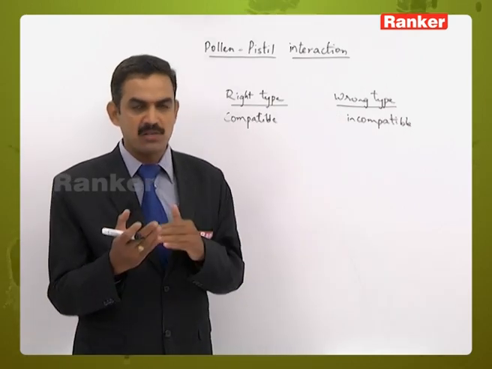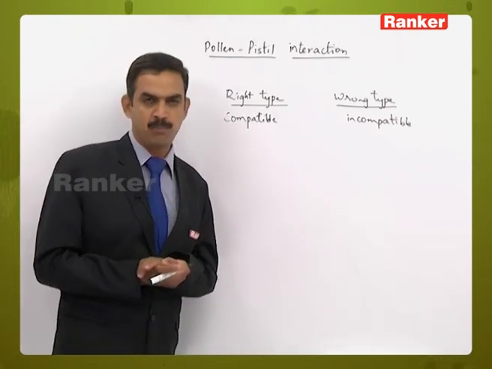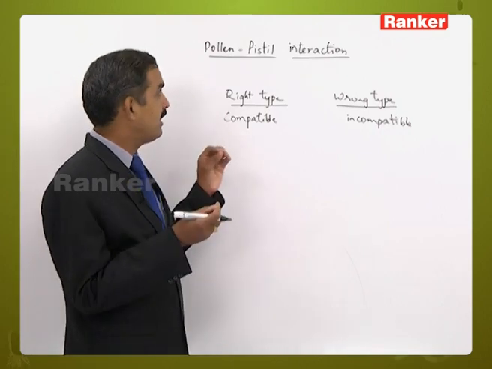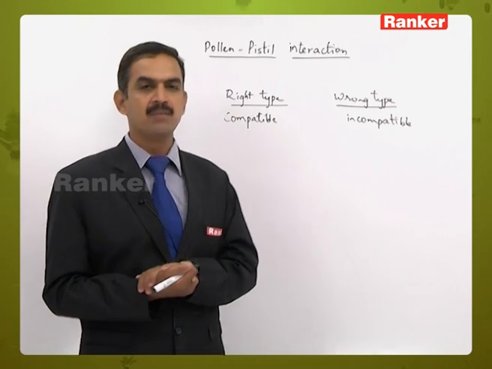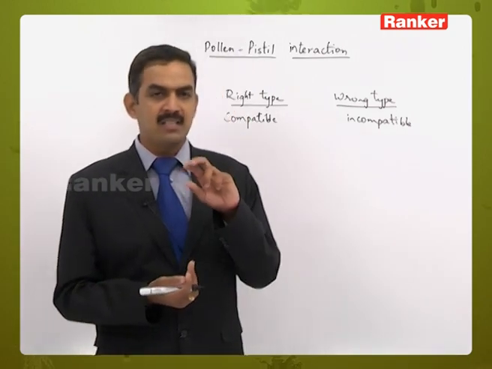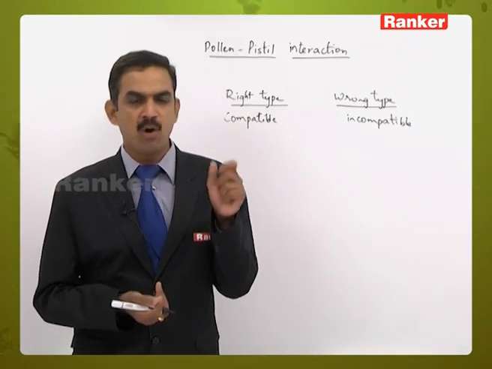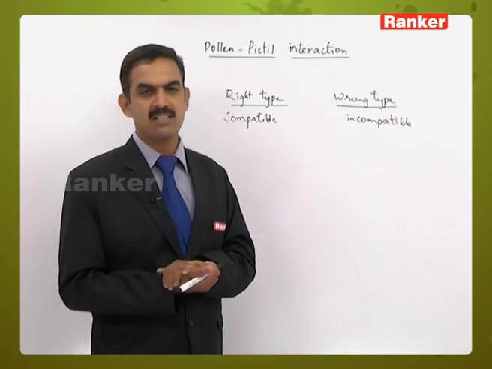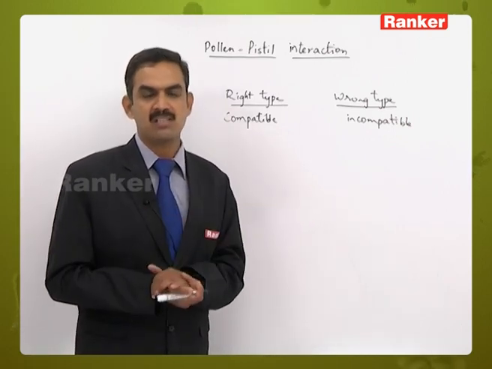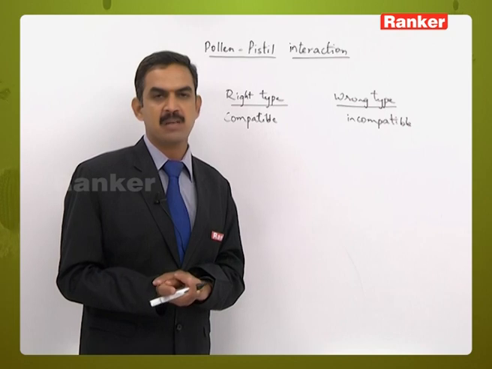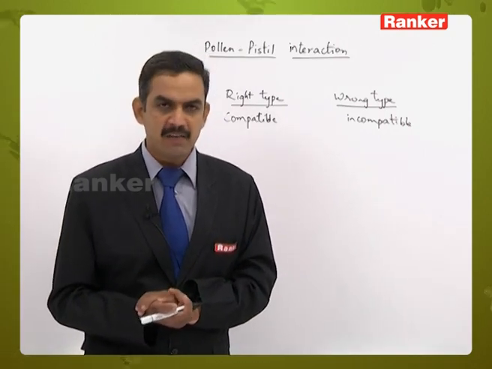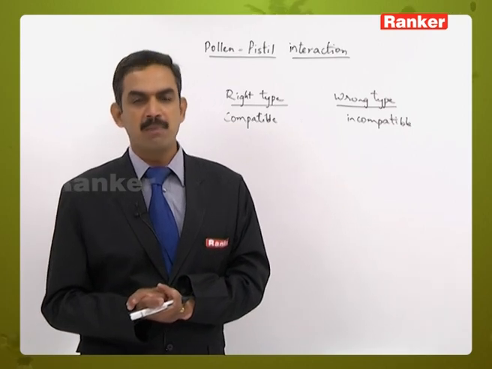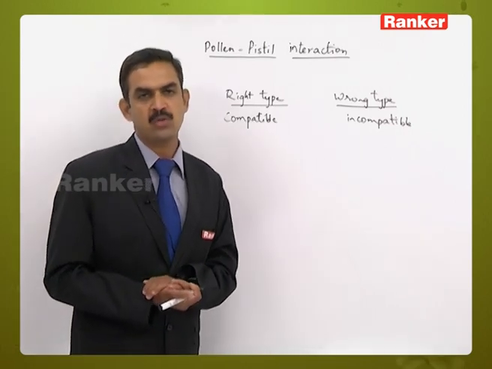So, how does the stigma identify the pollen grain? There is an interaction, a dialogue between the pistil and the pollen grains. This interaction between the stigma and the pollen grains, the dialogue between the two structures, is initiated by producing some chemicals. Those chemicals help in the identification and also the germination of the pollen grain to produce a pollen tube.